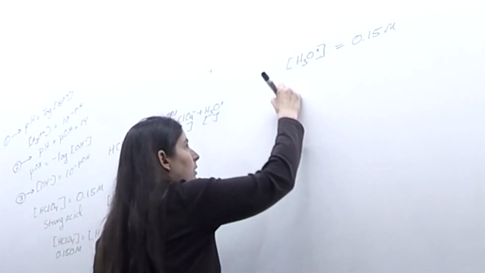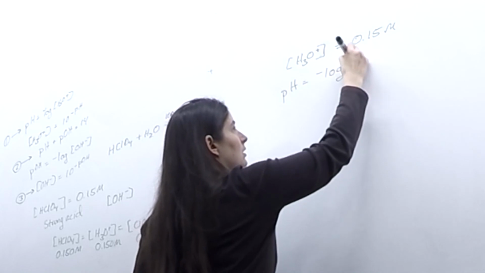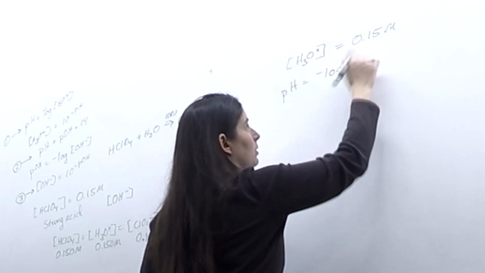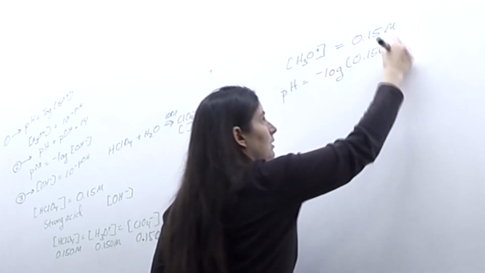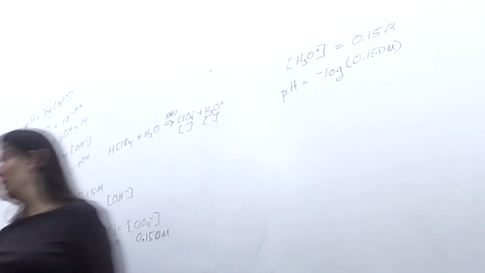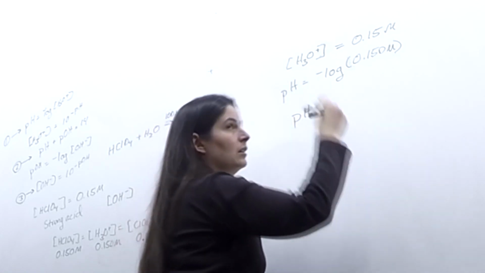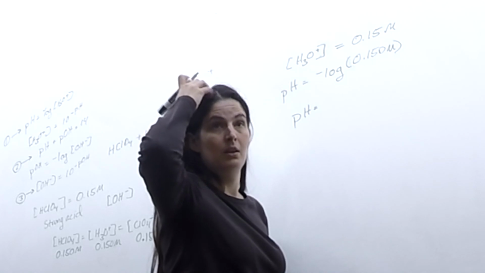The only way we can do that is first determining pH. We have the concentration of the H3O, so we're going to put that in here and take the negative log. I don't have a calculator, so you're going to have to do it.